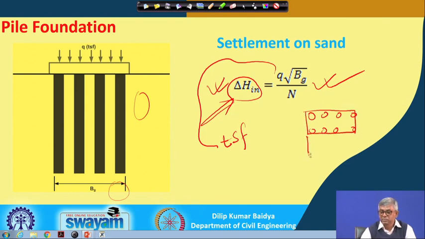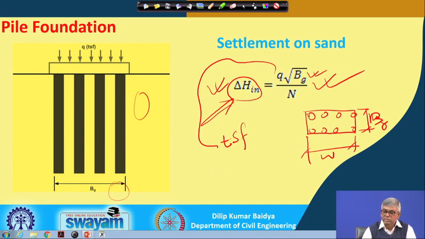So, this is one dimension, that is our W, this is suppose B. So, two different widths we are getting. There is a minimum one to be taken for calculating this settlement. So, minimum will be this one. So, Bg is the minimum width of the block.